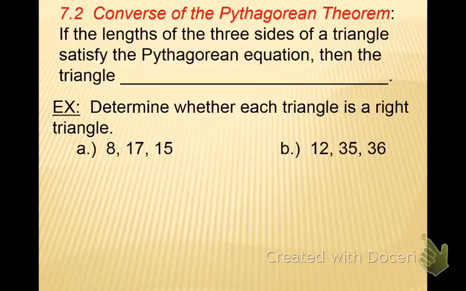Well, we're going to know it's a right triangle. Right? We know it's right if it satisfies the Pythagorean theorem.